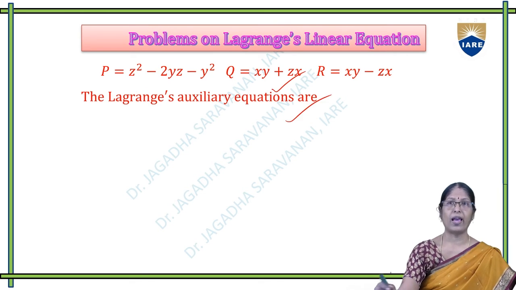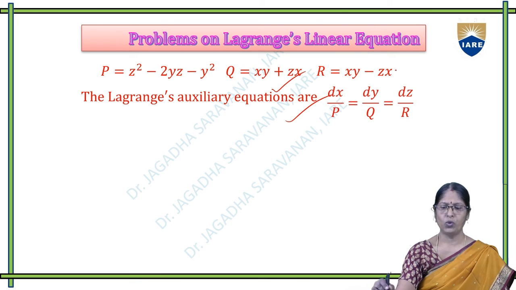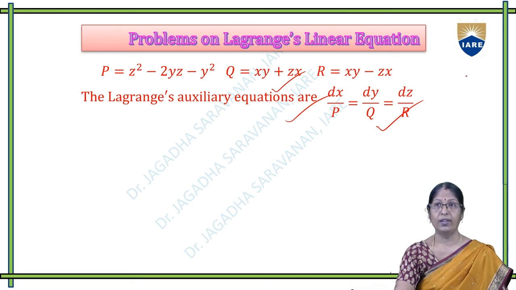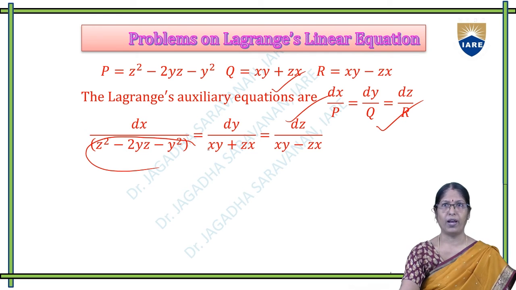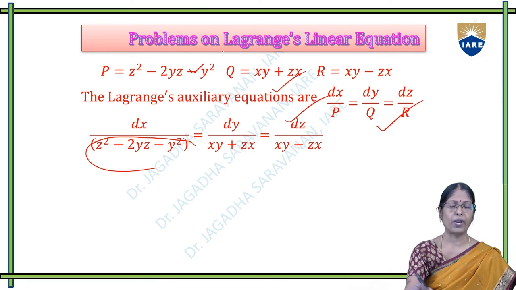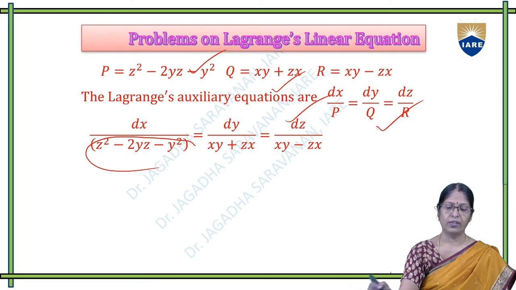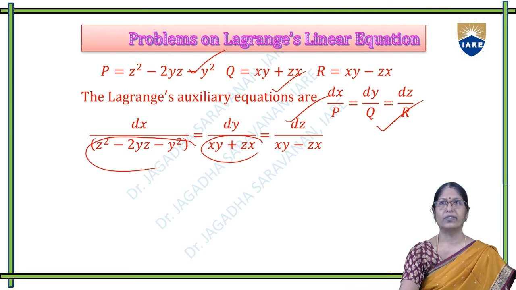So the Lagrange's auxiliary equations are, as we know very well, there is a formula: dx by capital P equal to dy by capital Q equal to dz by capital R. So the capital P we replaced by z square minus 2yz minus y square, dy by capital Q, that is xy plus zx, and finally the capital R is xy minus zx.